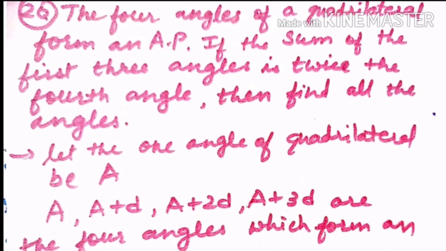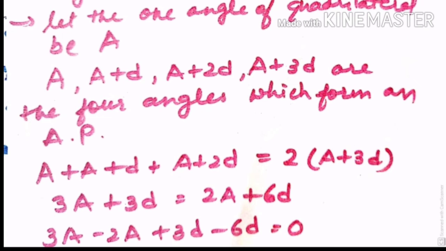And now read further what condition they have given: if the sum of the first three angles is twice the fourth angle, this is the condition. So the first three angles are A plus D plus A plus 2D, is equal to twice the fourth angle. Twice the fourth angle is 2 times A plus 3D.